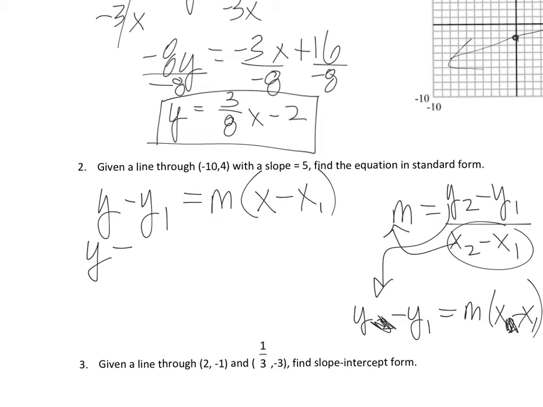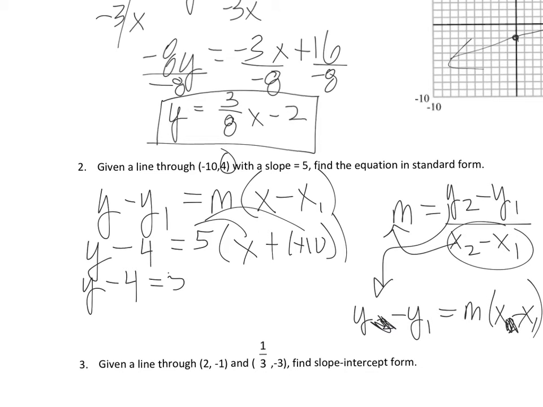So that being said, y1 is the y value of the point. The y value of the point is 4, equals the slope, 5, times x minus -10. I'll just write it out explicitly. So simplifying this, we have y minus 4 equals 5 times x plus 10. This is going to turn positive, so we'll distribute the 5: 5x plus 50.